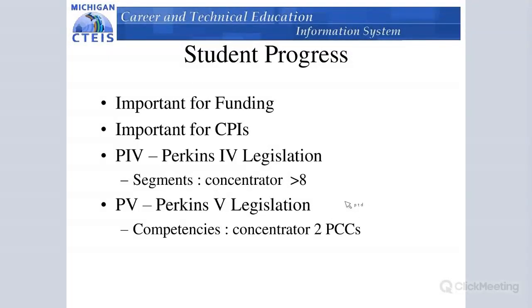And then in the last, I think it was 2 years ago, we went to the newest legislation, the Perkins 5 legislation, which changed the definition of how we manage or report progress into competencies. And in competencies, a concentrator is measured as having 2 Perkins competency courses, and we'll touch on that in a little minute.